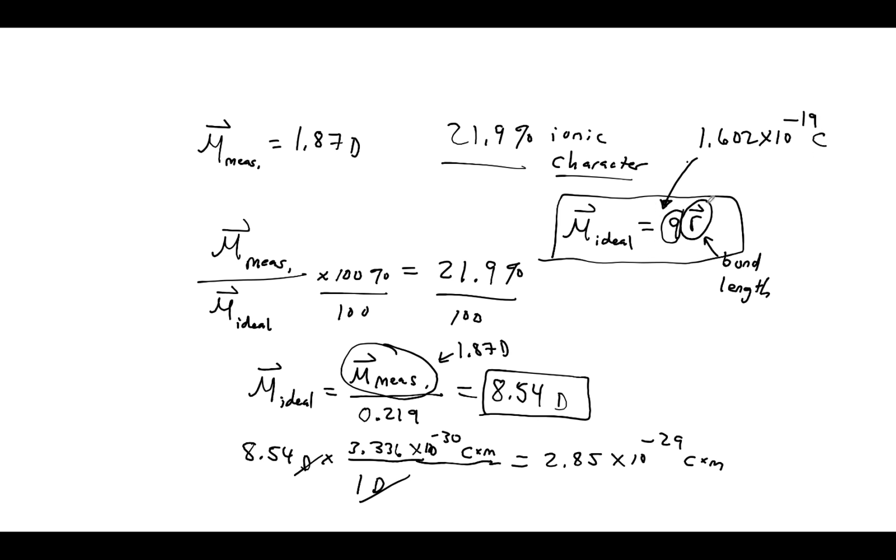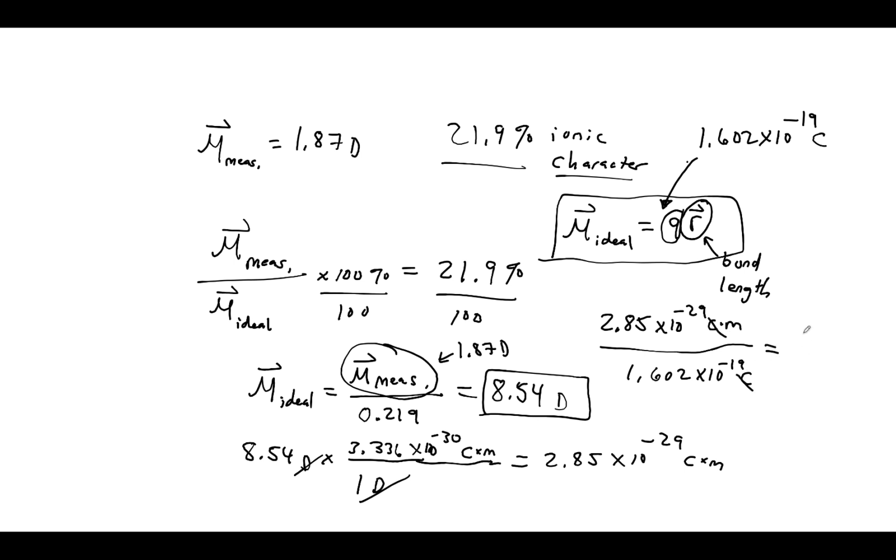So we now only have one unknown, which is our R, or our bond distance. So what we're going to do is take our ideal dipole, 2.85 times 10 to the negative 29 coulomb meters, and divide it by 1.602 times 10 to the negative 19 coulombs. The coulombs cancel and we get meters.